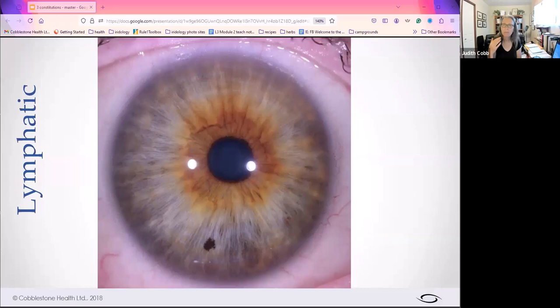Because they tend to be so acidic, they burn up all of their minerals quickly to neutralize acids. And that leaves the thyroid begging for manganese and iodine, right? And so we will often see that our lymphatic people will have thyroid imbalances if they've got symptoms, right?